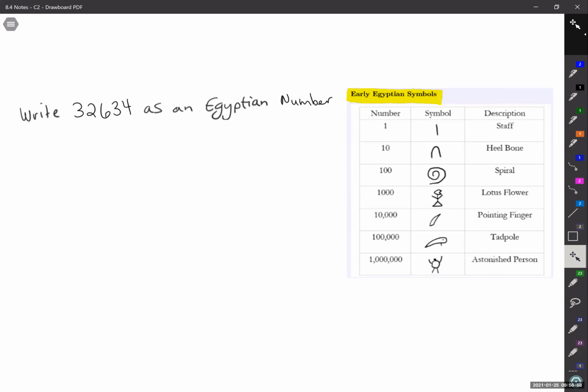So as I'm working this one, it's 32,634. And just saying it helps you realize what pieces we need.